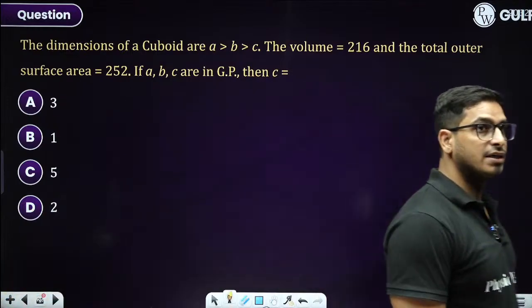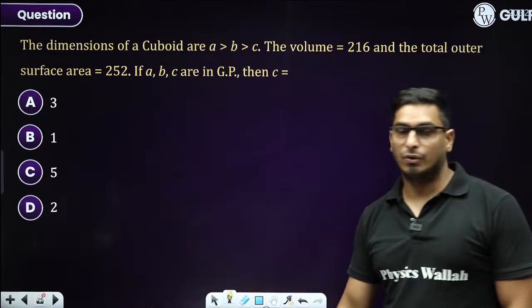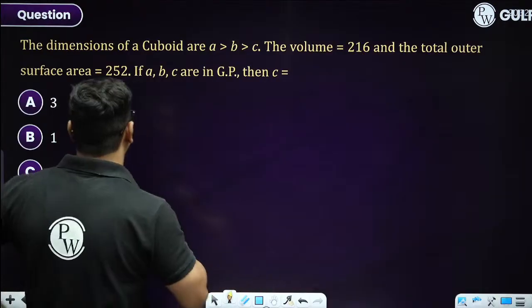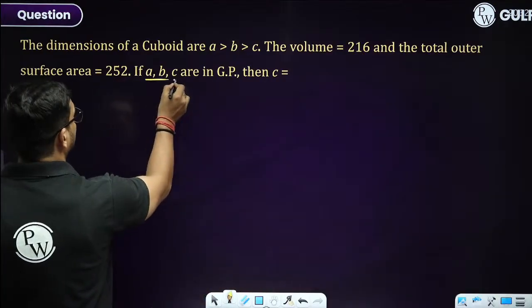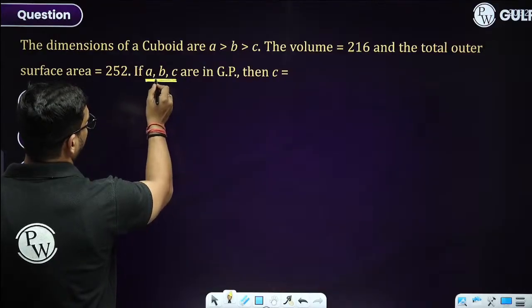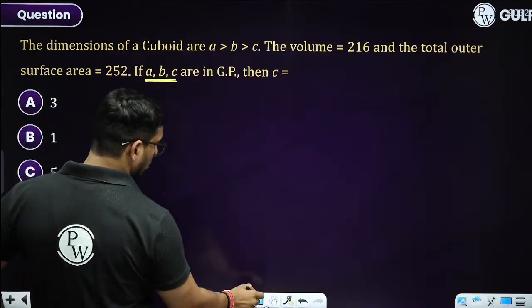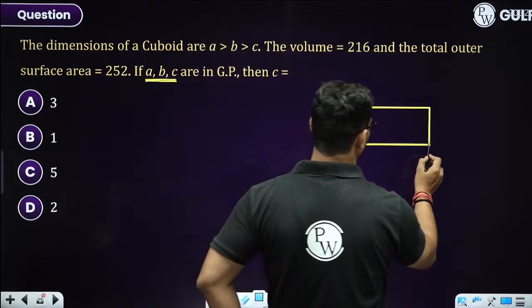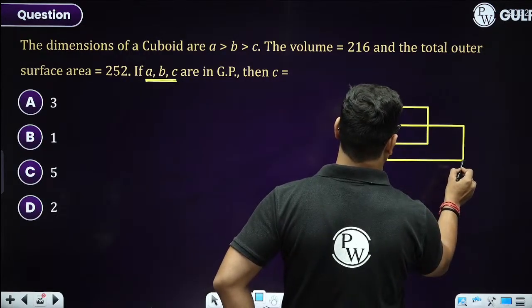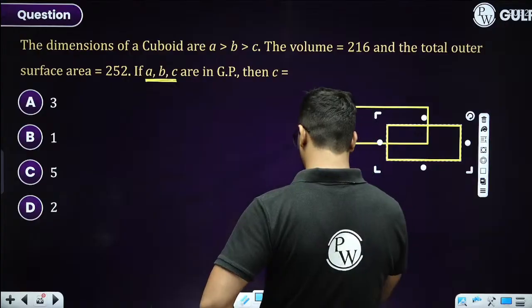Then we have to find C. I'm giving you a hint, guys. These are the sides, dimensions, A, B, C. A is the greater side. Cuboid we all know. This is a cuboid.